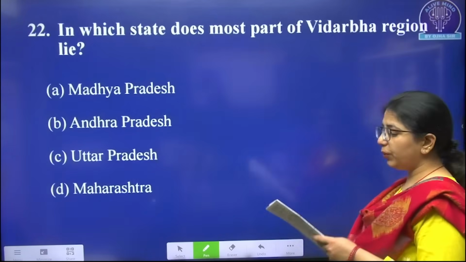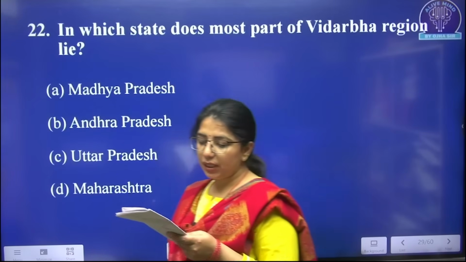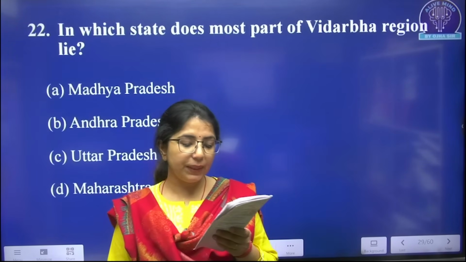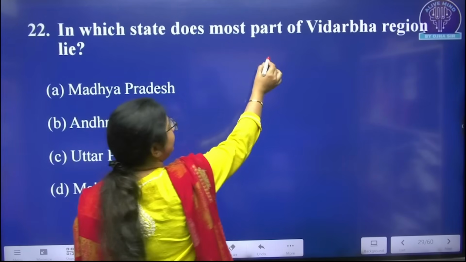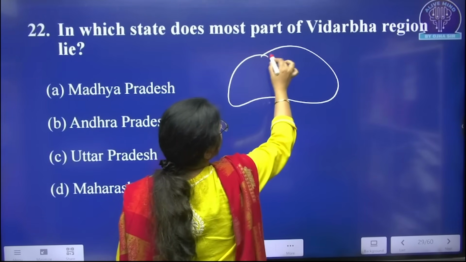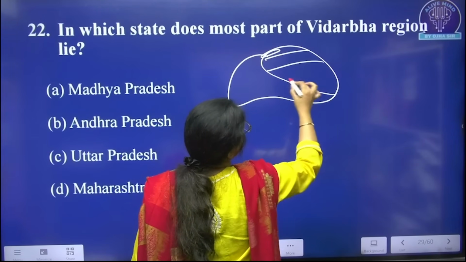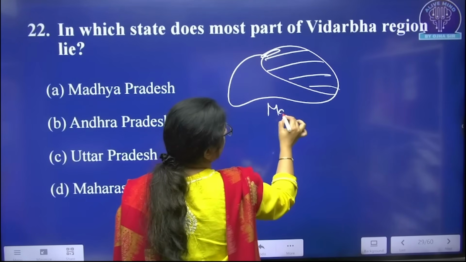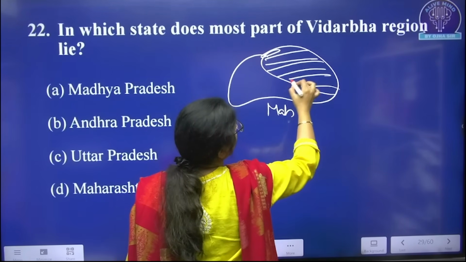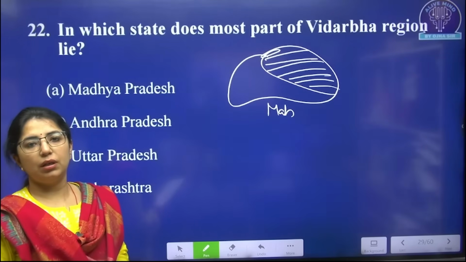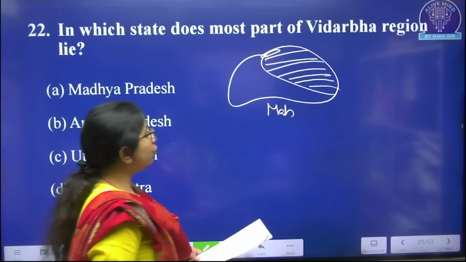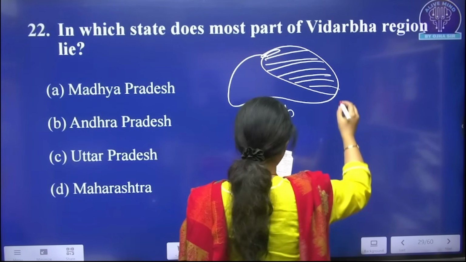Now the question number 22. In which state does most part of Vidarbha region lie? Vidarbha region, if we say this eastern part of Maharashtra, the eastern part of Maharashtra is called Vidarbha region. Mainly two regions are included here.